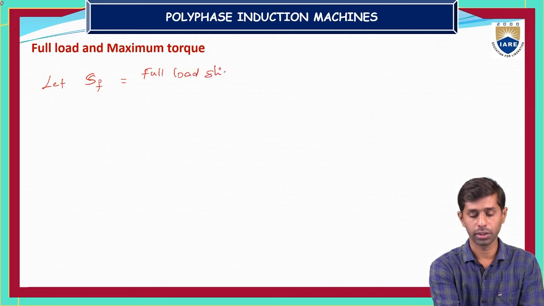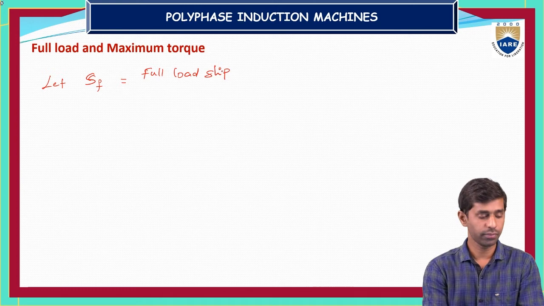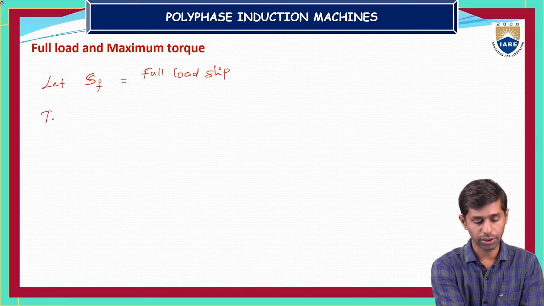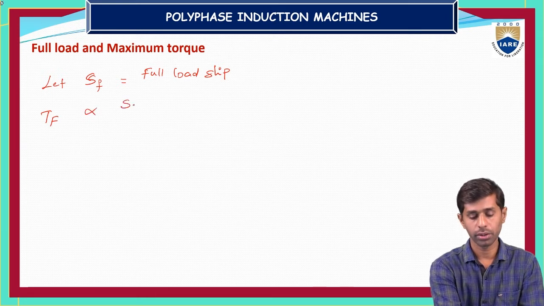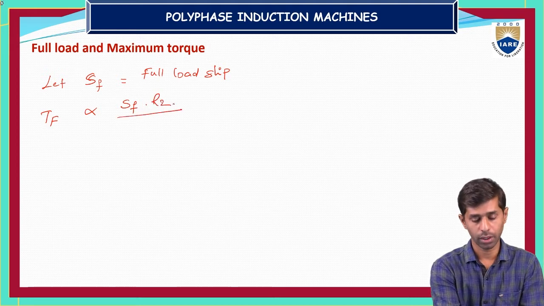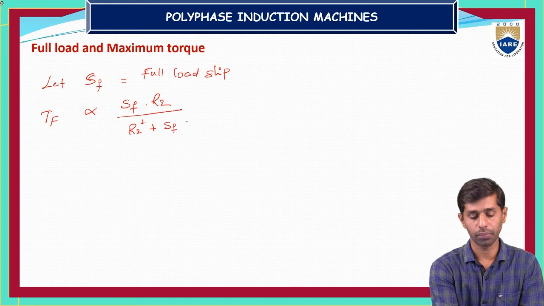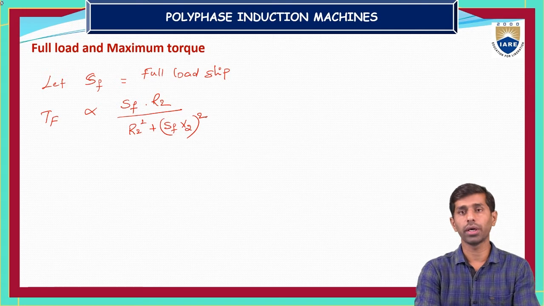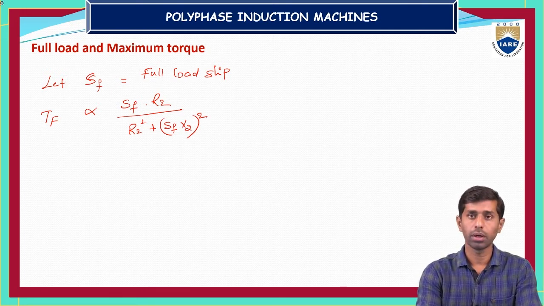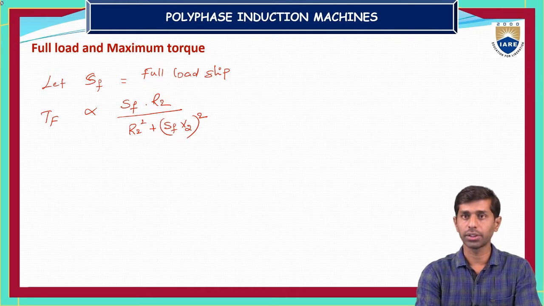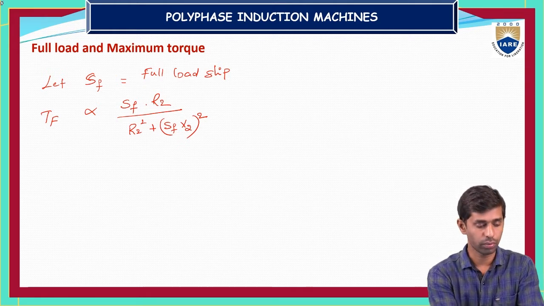The torque at full load condition I am naming as TF, which is proportional to slip at full load condition SF into R2 divided by R2 square plus slip at full load condition SF into X2 whole square.